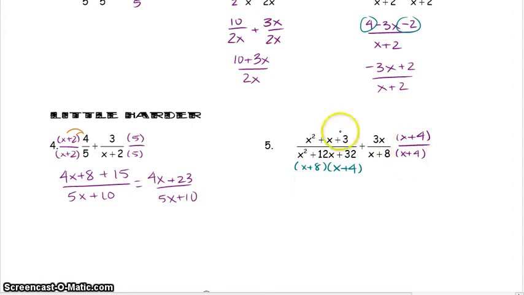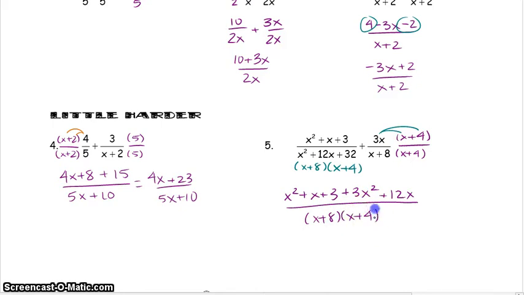Okay? So we have our x squared plus x plus 3 from our first fraction. And then if I distribute out this 3x here, that would give us a positive 3x squared and a positive 12x. And that is all over our x plus 8 and x plus 4.